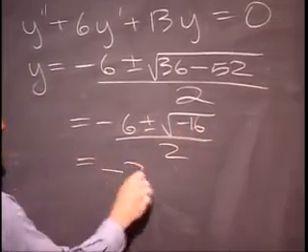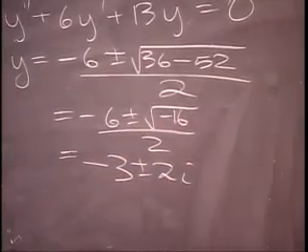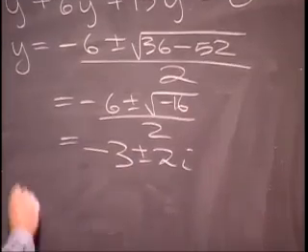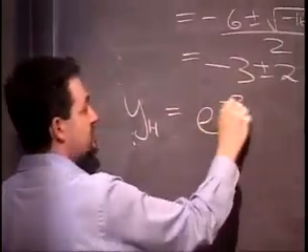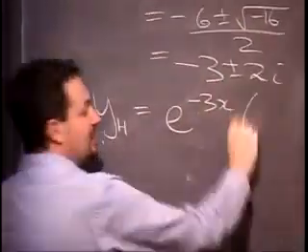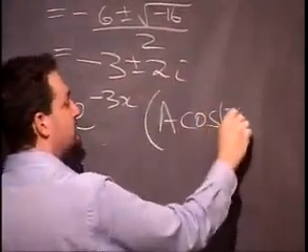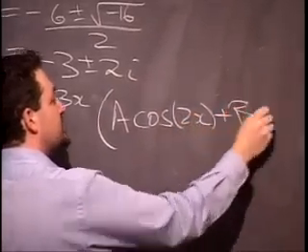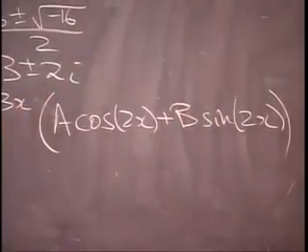So this is minus 3 plus or minus 2i. That's how it works out. So the homogeneous solution, remember the method, is e to the minus 3x, you take the real part, and then the constants are a cosine 2x plus b sine 2x. So that is the homogeneous solution.